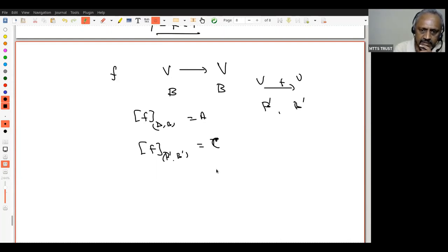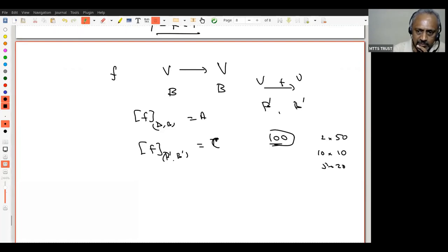All right. Notice that the matrix representations A and C may look different. That's because I chose a different basis, but the underlying linear map is the same, right? You understand this? It's like saying I have a 100 rupee note. I can have it as 2 times 50 rupee notes, or 10 times 10 rupee notes, or 5 times 20 rupee notes.